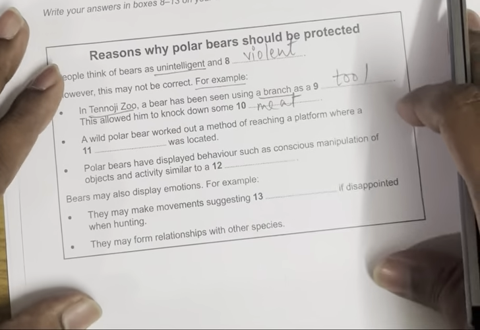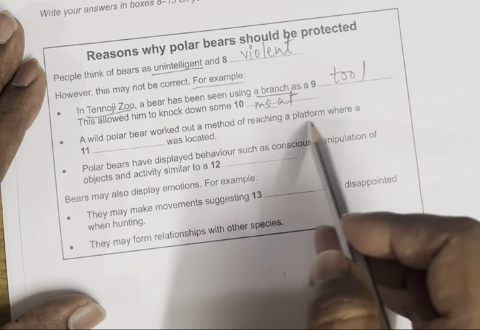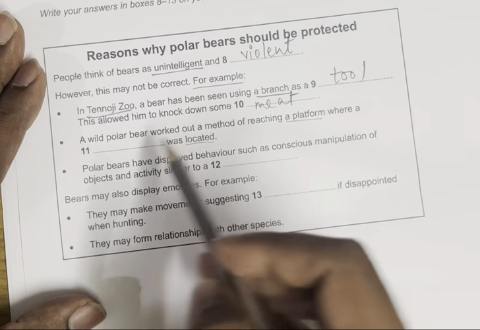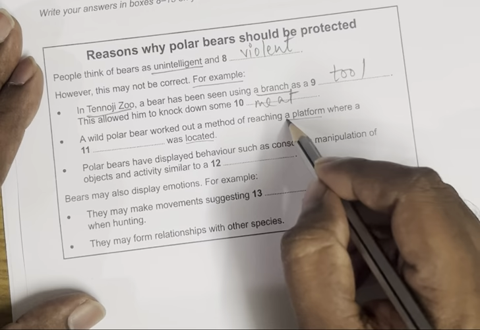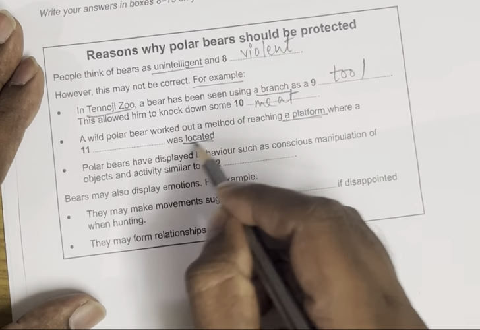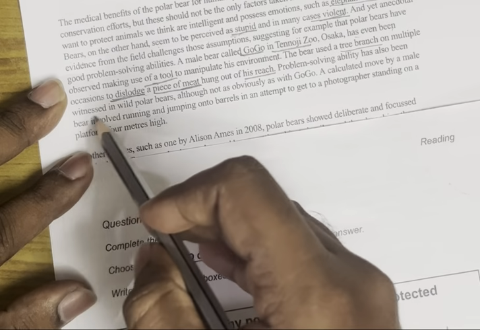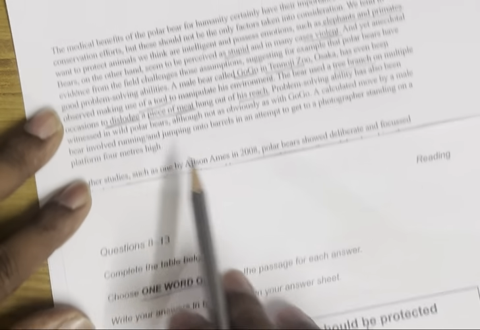What's the next one? A wild polar bear worked out a method of reaching a platform where a dash was located. A wild polar bear worked out a method of reaching a platform is the keyword where something was located. What is it? Right. Problem solving ability has also been witnessed in wild polar bears. Yes, he came to wild polar bears now.